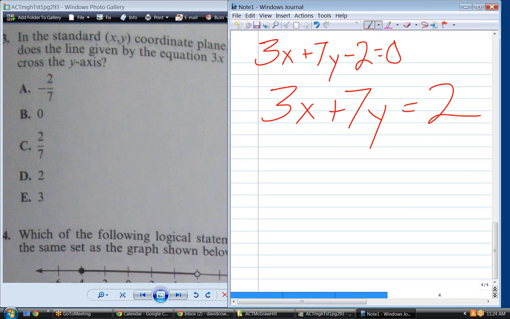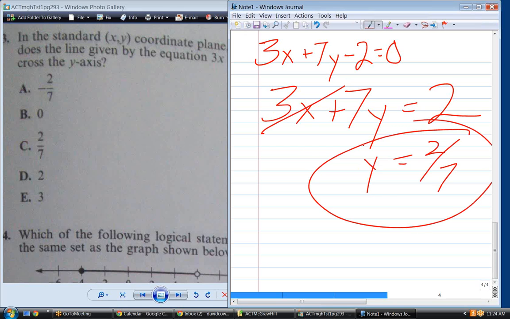When x is what? When I have a straight line and I'm crossing the y-axis, what is the x value right there? 0. So all we have to do is plug in 0 for x and solve for y, and we'll have our answer. Now when I plug in 0 for x, this goes away. Now I got y equals 2/7. Much faster.